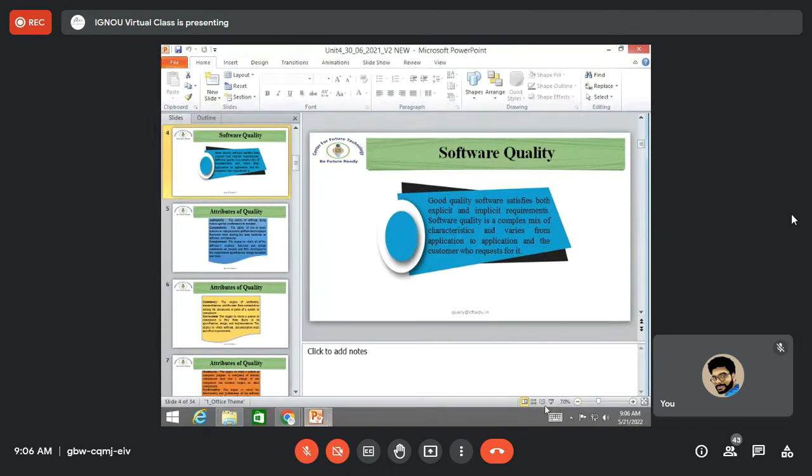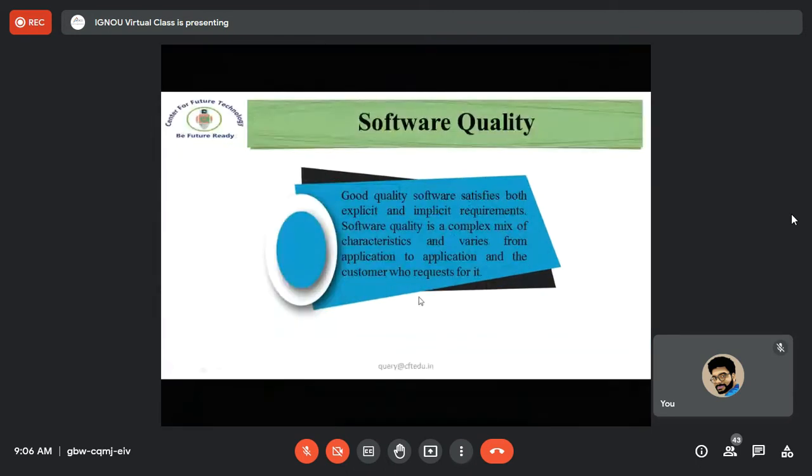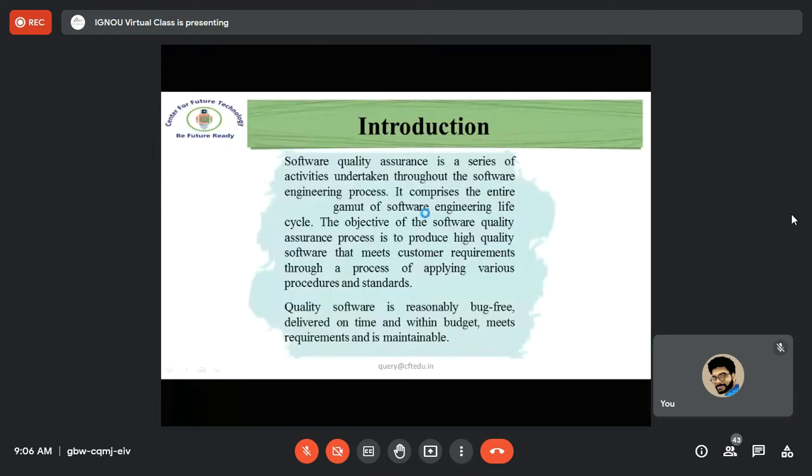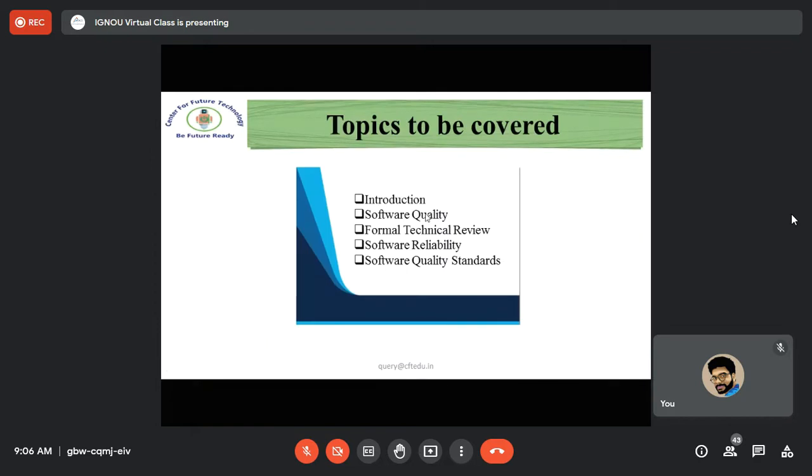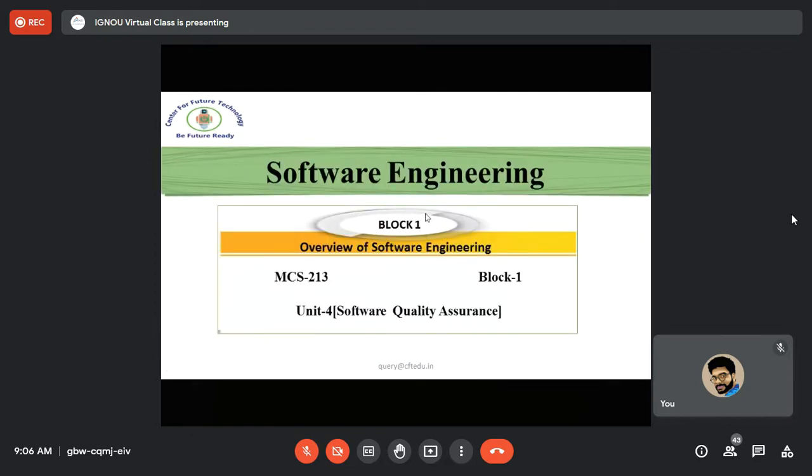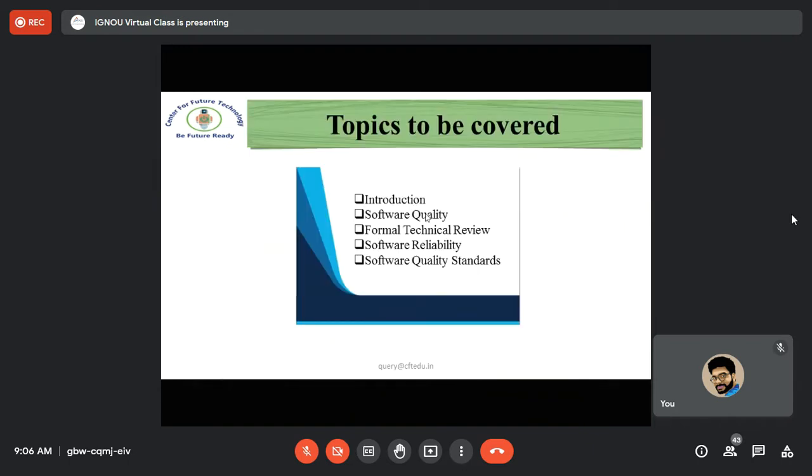Today we are going to start block 1, unit 4, which revolves around different aspects of quality. That is software quality assurance. Software quality assurance is a very big topic, but I will try my level best to cover these dimensions which are part of your course curriculum also.